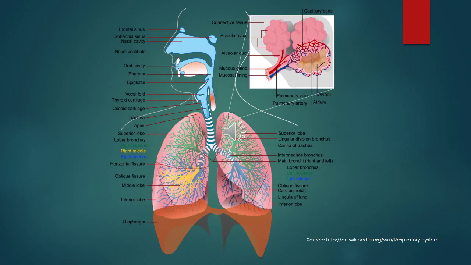Now as the oxygen goes further past the windpipe, it goes down into the two main bronchi. You'll see it split left and right. The bronchi also have a similar lining of cilia to the trachea, so they serve the same function of helping to filter and expectorate particles and organisms.